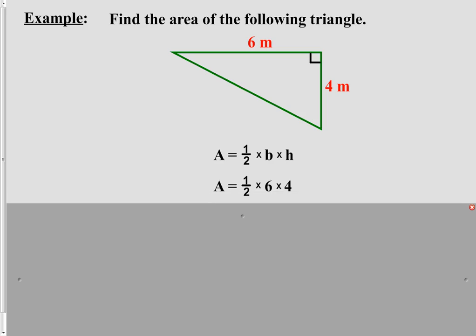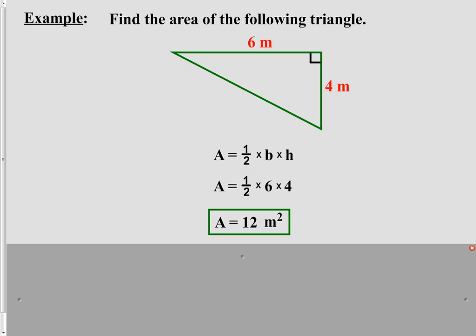So we plug in the 6 and the 4. It does not matter which one you call the base and which one you call the height, because 6 times 4 is the same as 4 times 6. 4 times 6 is 24, and half of that is 12. There you go, 12. And we are talking about meters squared because, again, an area measurement is second dimension. Area has length and width at the same time.